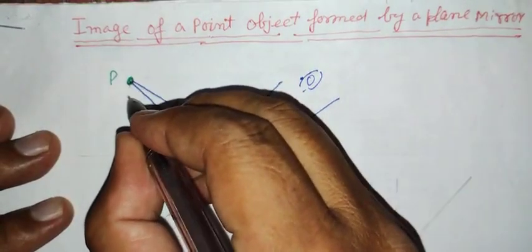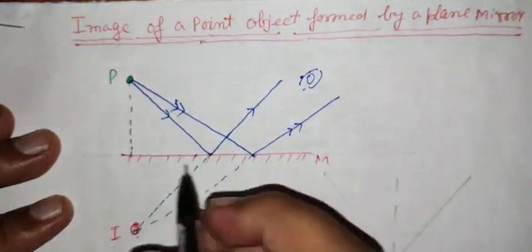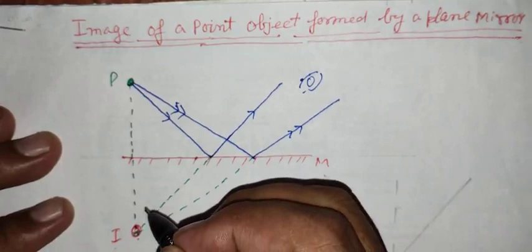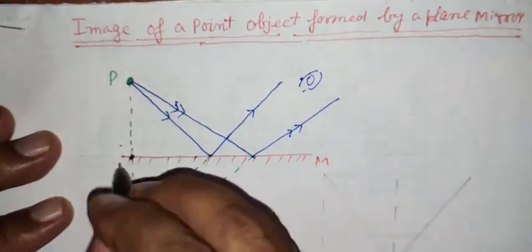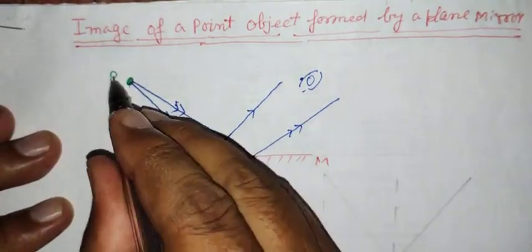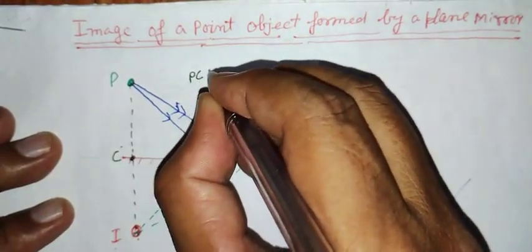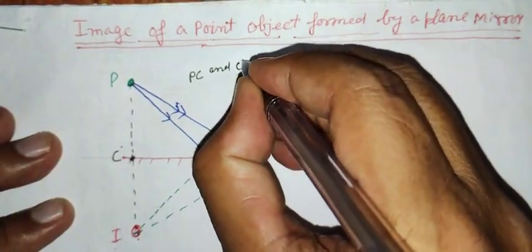When we draw a perpendicular line from P to the plane mirror, suppose we name the point C. Now we want to see the relation between PC and CI.